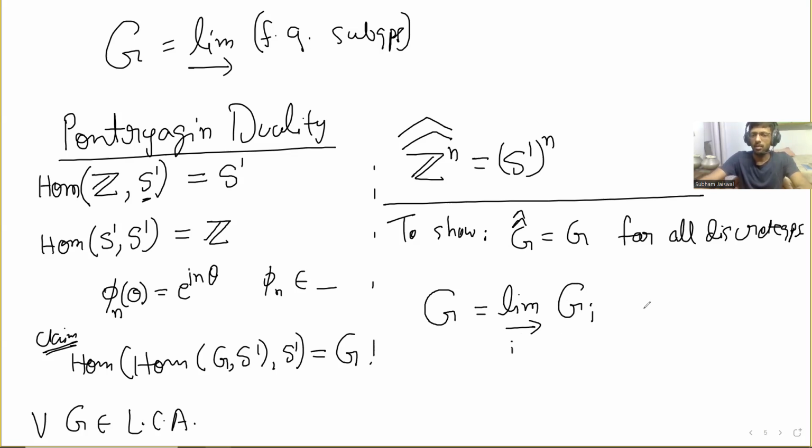So the G_i are elementary discrete, by which I mean G_i is equal to some Z to the n or some finite group. For those also you can prove this duality easily. Even for those, in fact, the dual is themselves, so it's not a surprise. So this is one of the claims.